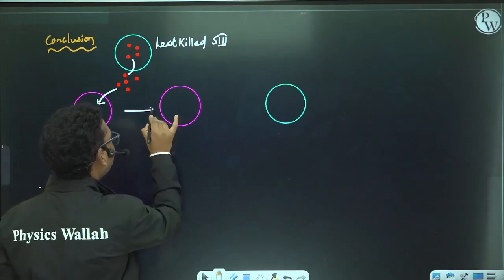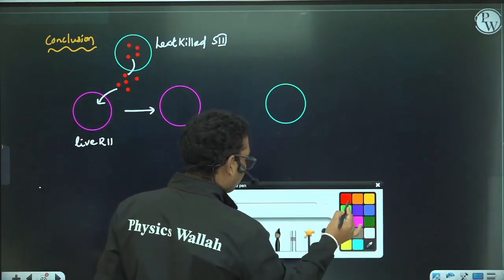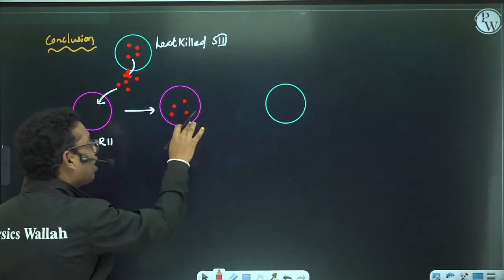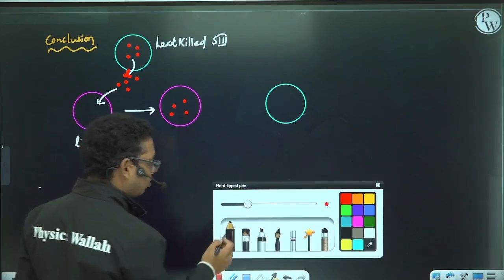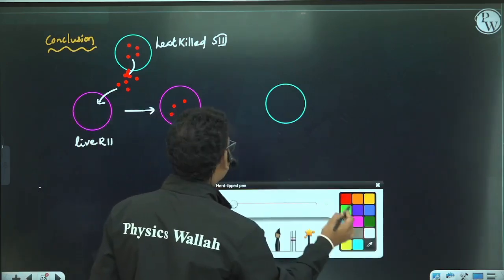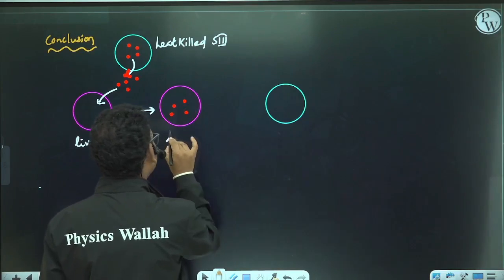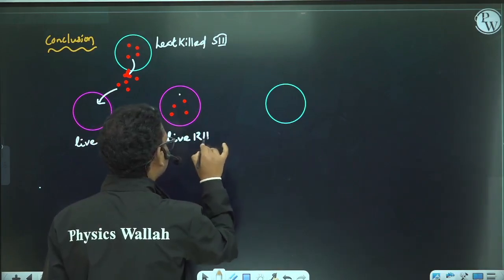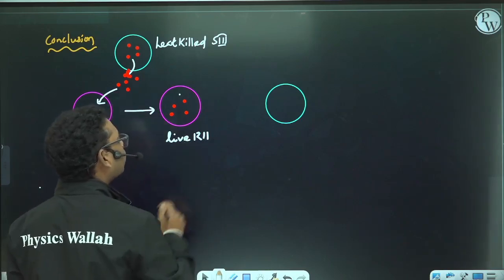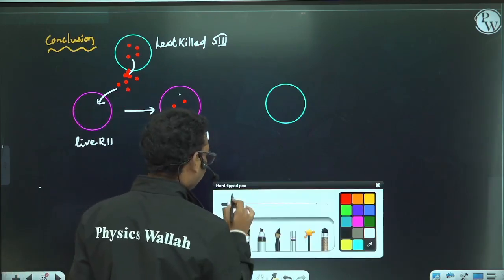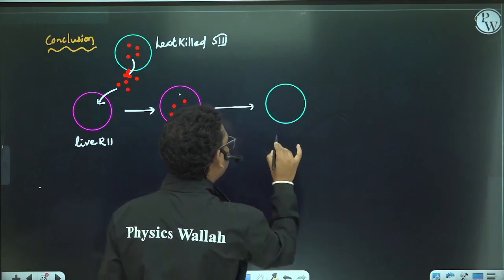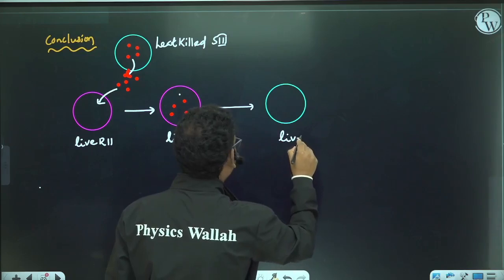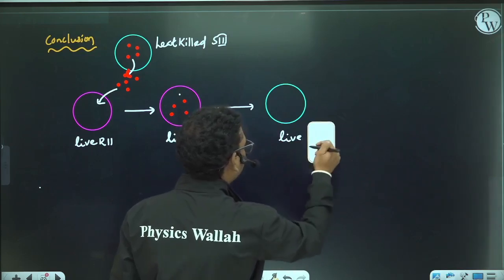So when they entered into live R2, the diagram will be like this. And these live R2 were later on modified into live S3.